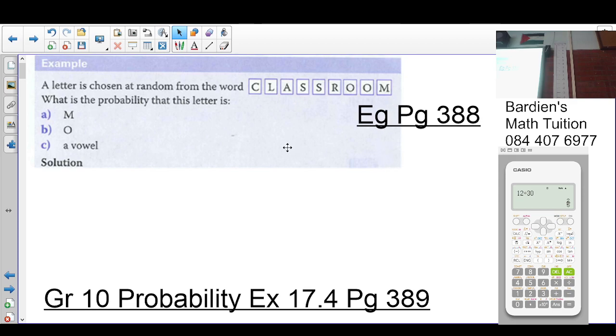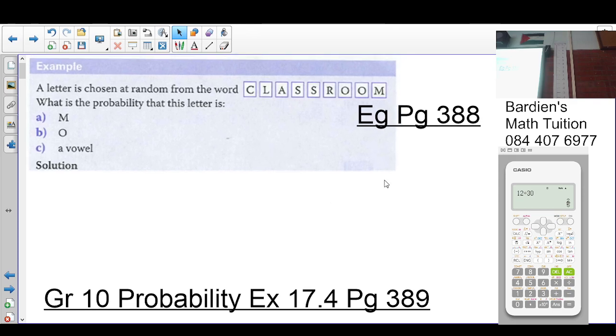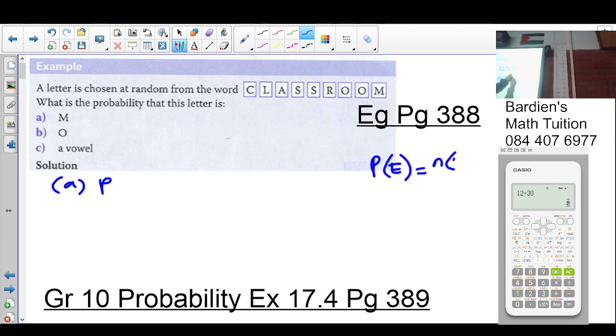A letter is chosen at random from the word classroom. What is the probability that this letter is, in the first case, an M? So again, how do we calculate the probability? It's the number of favorable outcomes over the number of possible outcomes.